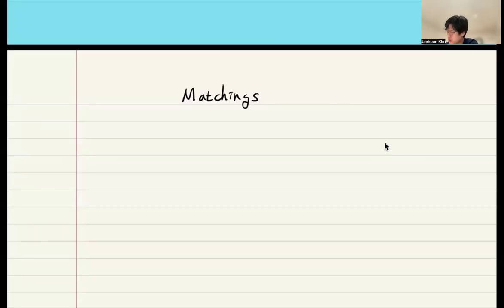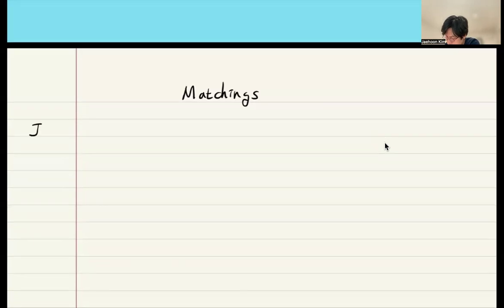Okay, now, as we discussed before, we will cover several concepts in graph theory, and one of them was matching. Recall that the following job assignment problem was a good motivation for studying the concept of matching.